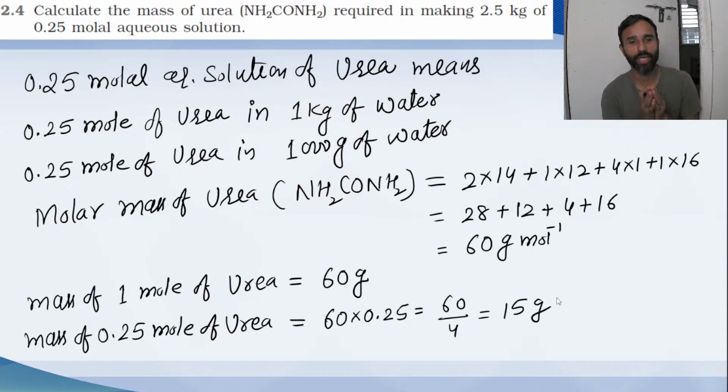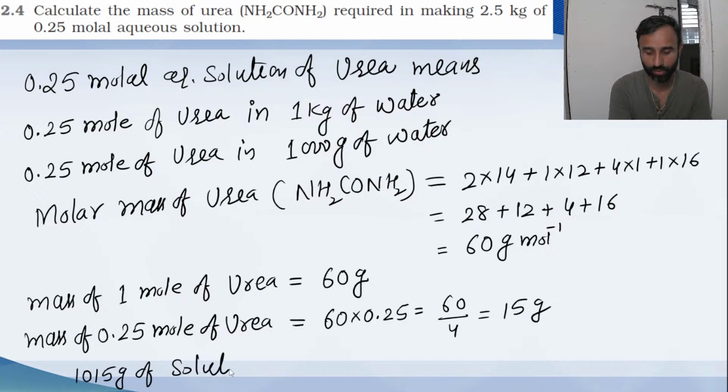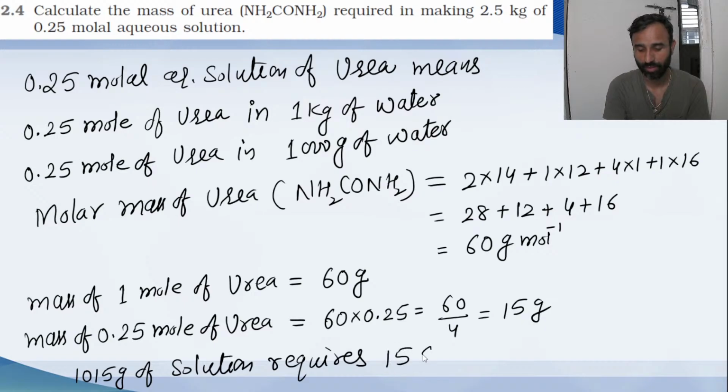Now it is clear that if we have a total of 1015 gram of solution, it requires 15 gram of urea.